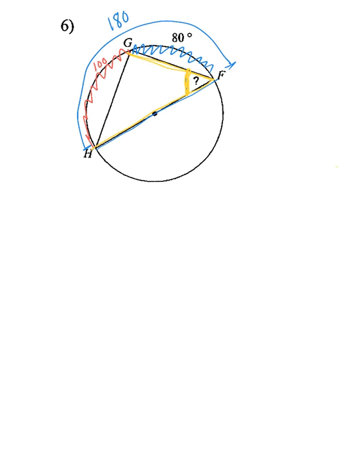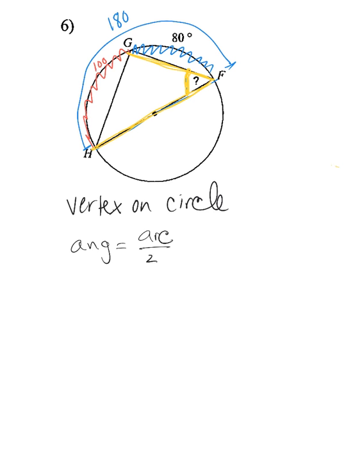See the orange or the yellow lines opening up to that red squiggly. So that means my vertex is on the circle. So therefore, my angle equals my arc divided by 2. So my angle must equal my arc of 100 divided by 2. So that means my angle must equal 50 degrees.